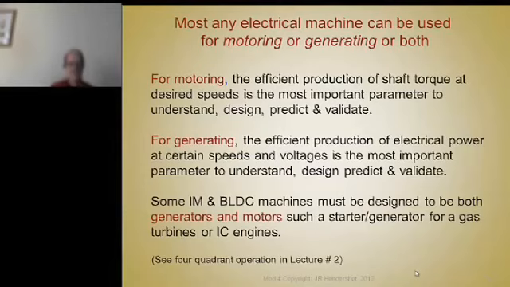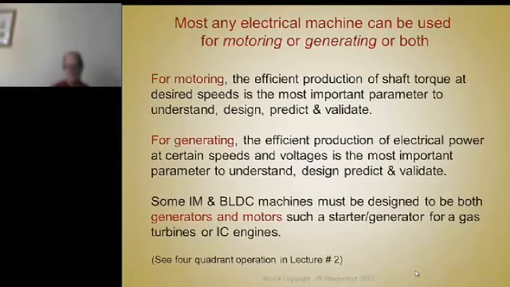And for example, when you're generating, if you have some extra losses in the generator, even though those losses could cause the generator to heat up, that's not really an efficiency loss for the generator within itself. It's still efficiency loss in the flow of power, but the generator doesn't care if the prime mover has to produce some extra torque to overcome windage in the air gap, for example, or friction in the bearings.